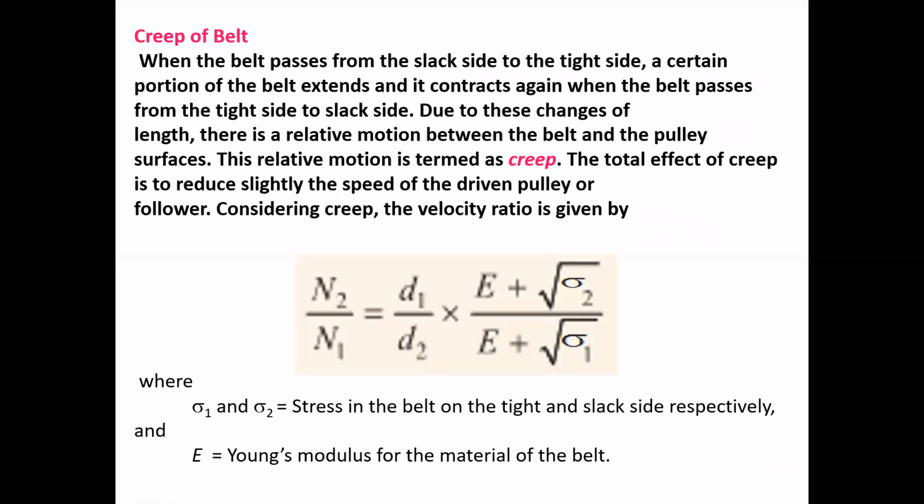Just observe that. Simply to say, when the belt passes from the slack side to the tight side, a certain portion of the belt contracts and extends while running on the pulley.